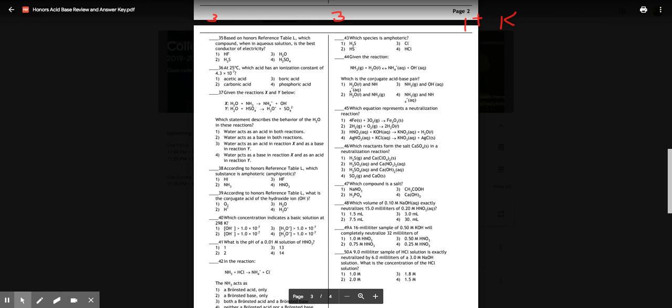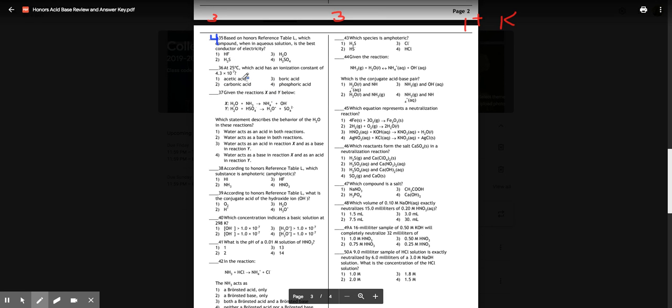Based on honors reference table L, excuse me, which compound is the best conductor? Again, highest on the table. HF, midway. H2S, lower. H2O, almost to the bottom. H2SO4, it's a large Ka. That's our answer.